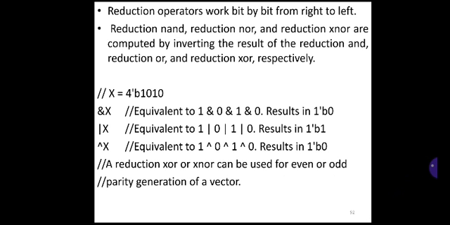X equal to 4-bit binary number 1010. Now perform reduction AND operation on X. So X is 1010. So how to represent this one? Just check here how to operate. So it is equivalent to 1, that is most significant bit 1, and 0 and 1 and 0.